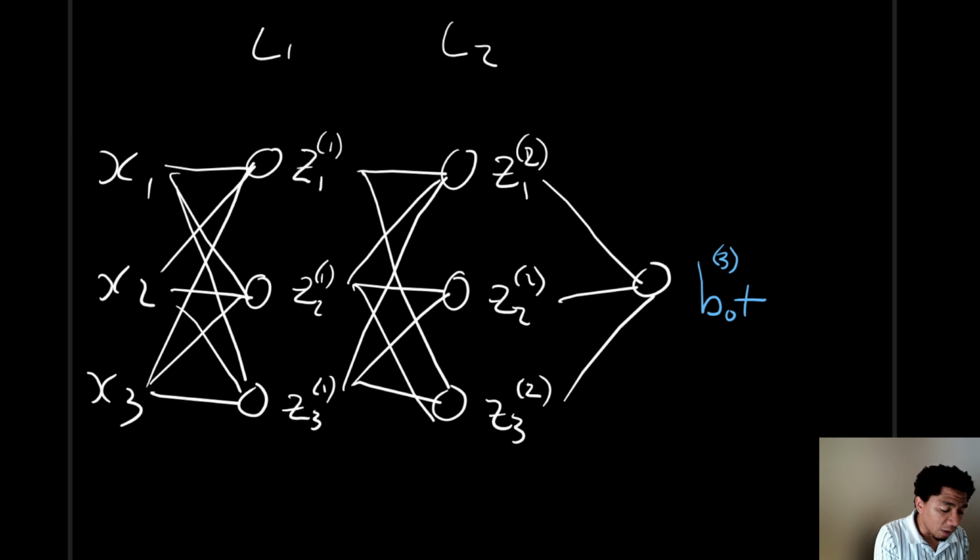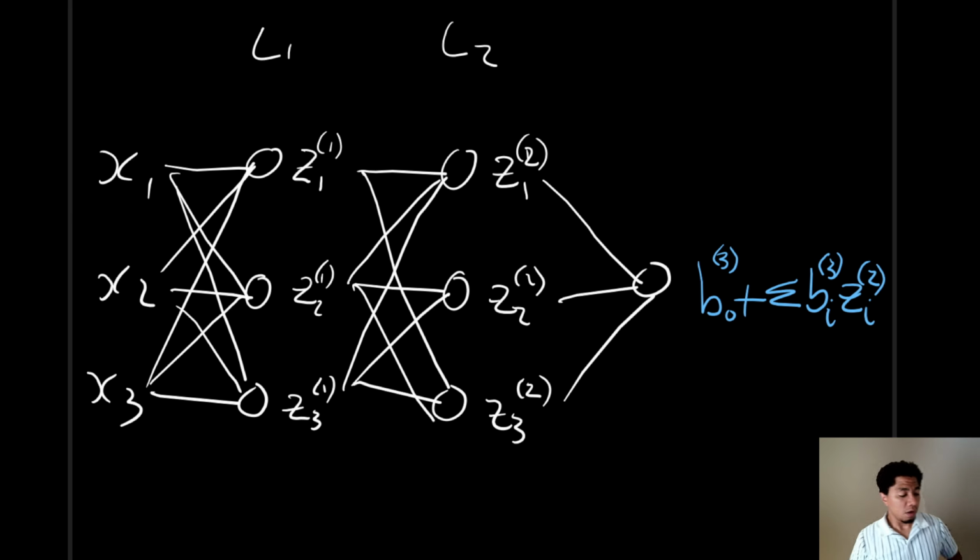Because each of these neurons will have their own weights, and it's a linear function of essentially the output of layer 2. And all that is remaining is an activation function. So in this case, it is an exponential activation function.